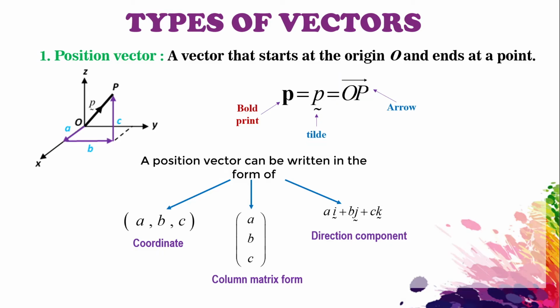So what is OP? OP represents the direction from origin O to point P. A position vector can be written in 3 forms: either coordinate, or column matrix form, or direction component.